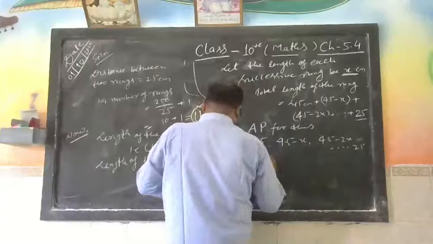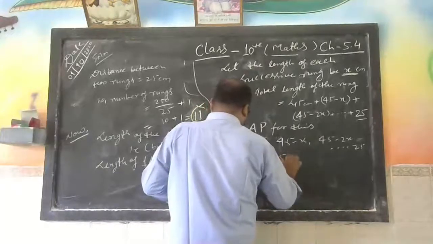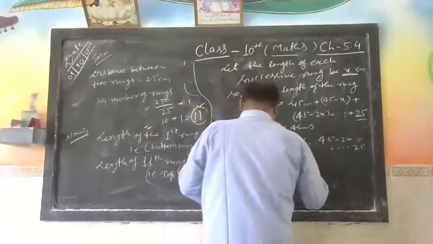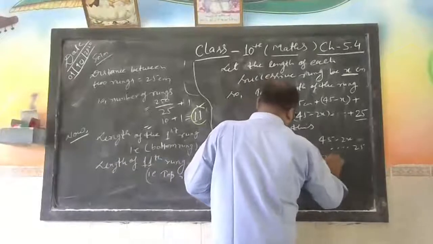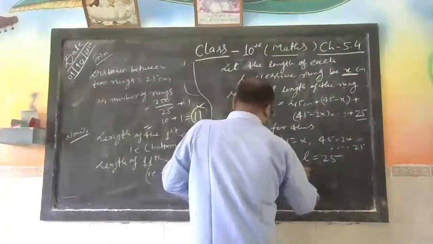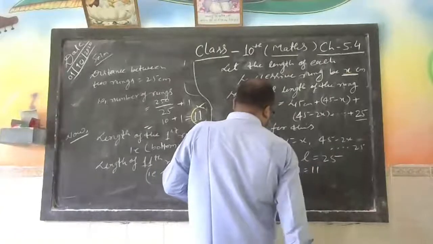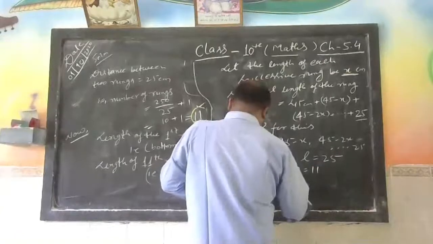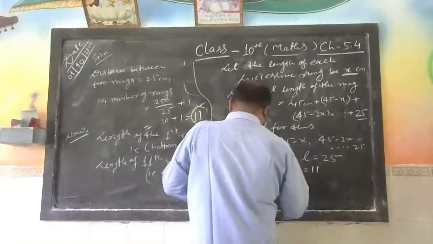Now A is equal to 25. The last term L is equal to 25, and N is the number of terms, which is 11, and the D is not required.